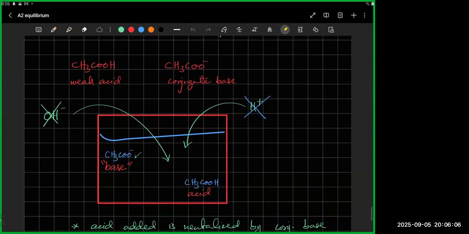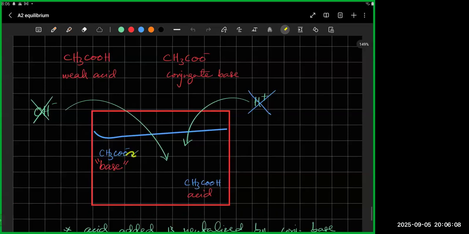So you need both. If your solution has the conjugate base and the weak acid as well, and you add H plus 1 ions to the solution, trying to increase the concentration of H plus 1, those H plus 1 ions get neutralized by the base.